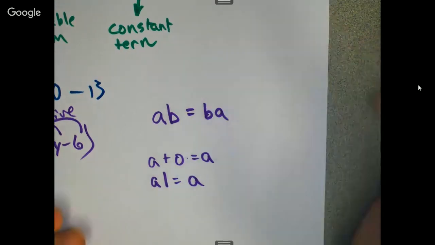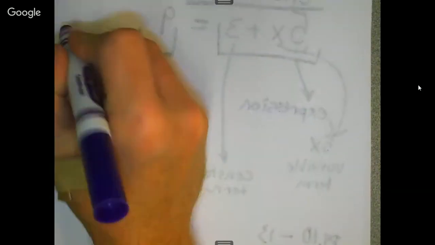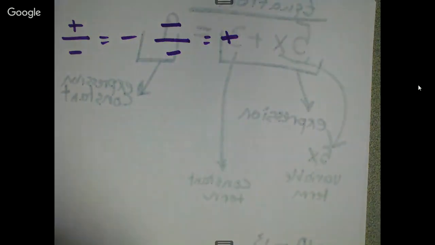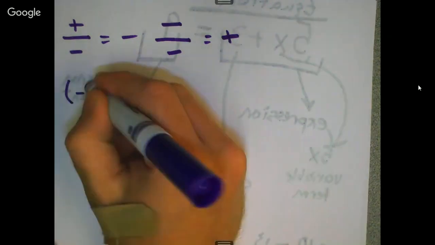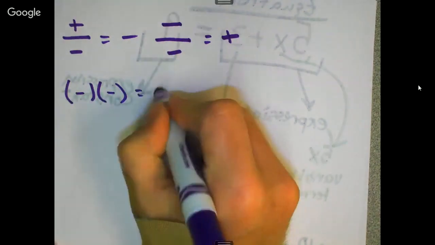Maybe some properties of negative numbers. Okay, if we have a positive divided by a negative, that's a negative. If we have a negative divided by a negative, that's a positive. No matter what size those numbers are. We can kind of do that with multiplication. Negative times negative is a positive.